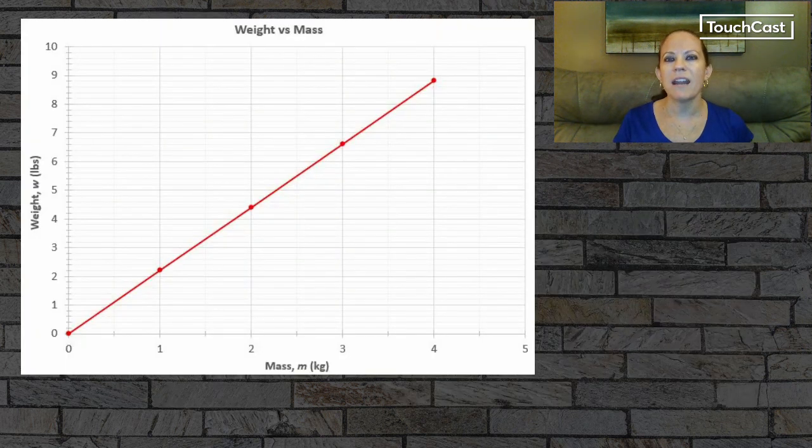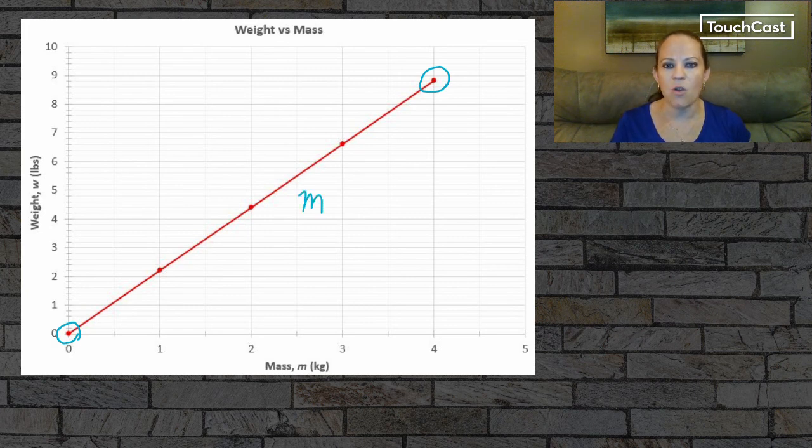When we plot the data from the table on the previous slide, we get this graph. Notice that the dots all lie on this nice straight line, so to get the slope, we can simply pick 2 points. I'm going to take (0, 0) and (4, 8.82).